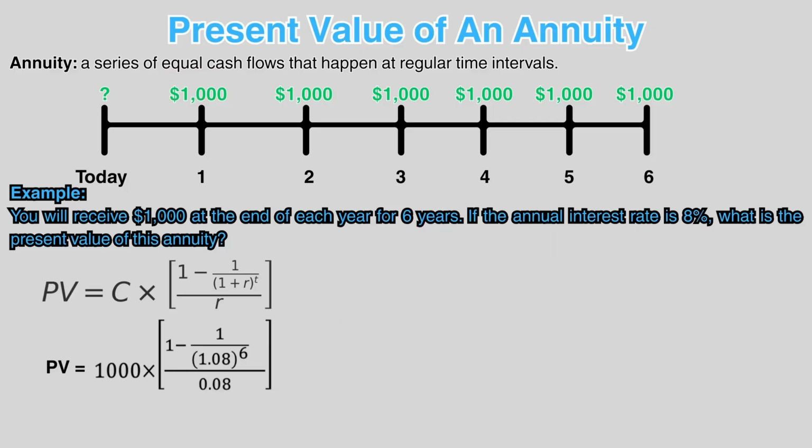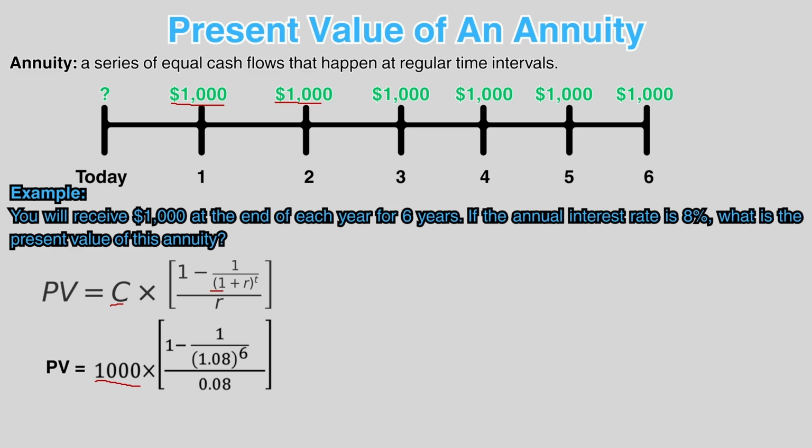So this is what you should get when you sub in the numbers. Remember, C is the $1,000, or our cash flow that we are receiving at the end of each year. And we multiply that by this big bracket here. In the numerator, we have 1 minus 1 over 1.08 to the exponent 6.